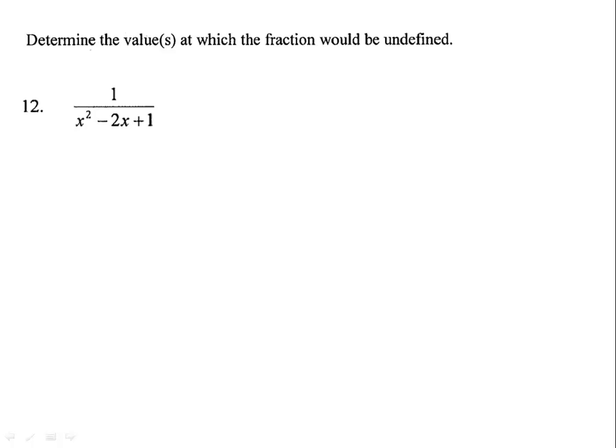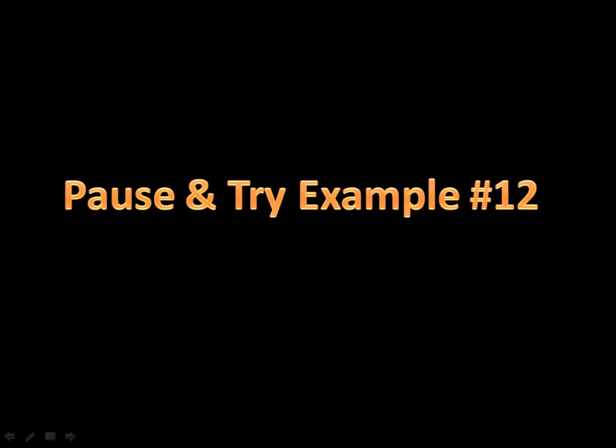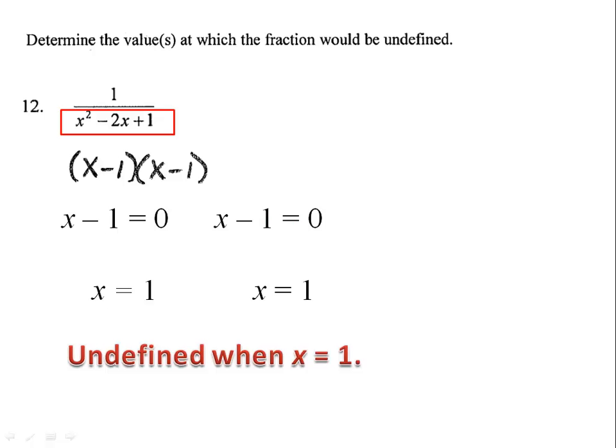Example 12, we're going to jump ahead a little bit for a moment, is another one for you to try. This time we have a trinomial in the denominator. Please factor that denominator and find the undefined values. Come on back as soon as you're finished. We factor the denominator as x minus 1 times x minus 1. We then set each of those factors equal to 0. x minus 1 equals 0, and x minus 1 equals 0.